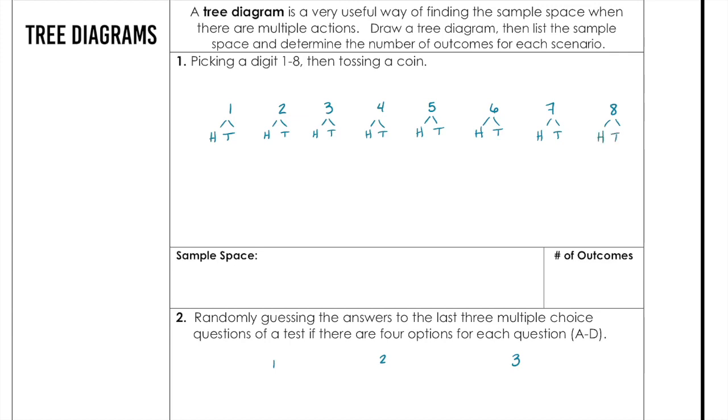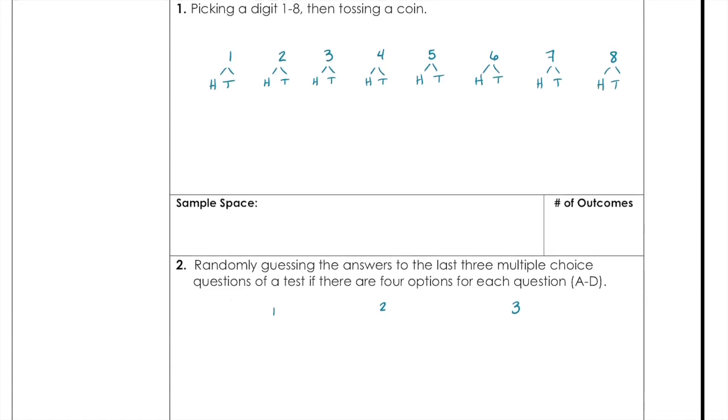So at the bottom of our tree, we would see all of the possible outcomes. So our sample space is going to be anything that can happen.